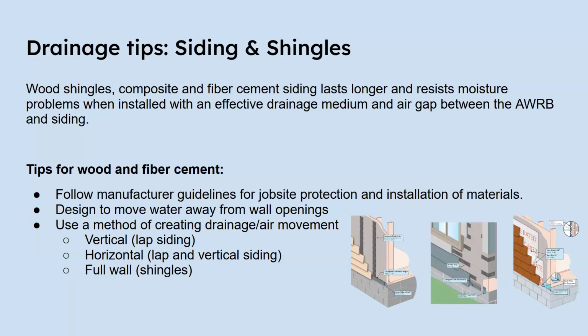They may not promote the use of these products, but they will certainly accept the use of them and know that it provides a method of drainage and ventilation behind siding, which is frankly going to allow the siding to work better and last longer and keep water from penetrating the wall itself.